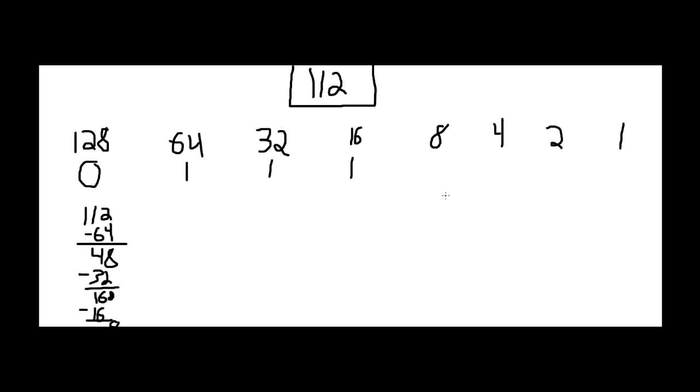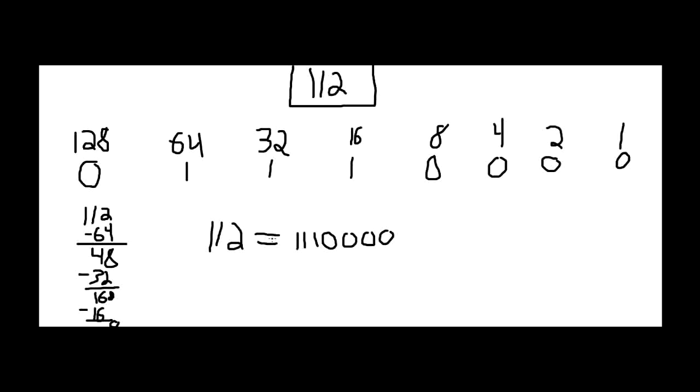And once you get a 0, all these other numbers are going to be zeros. Some professors will make you write down this first 0 when you put down your binary number, but mine doesn't. So 112 in binary is going to be 1, 1, 1, 0, 0, 0, 0.